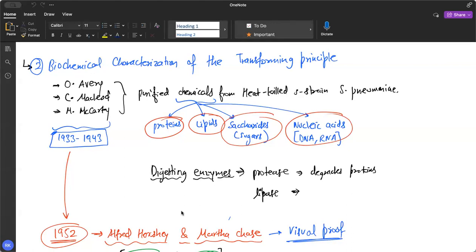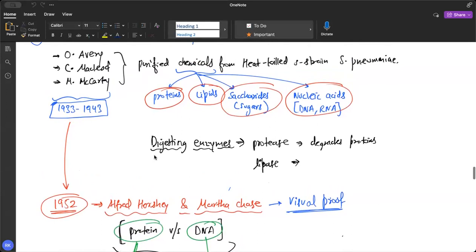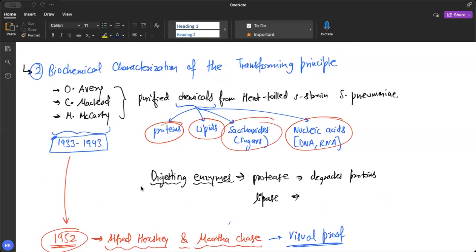It was not known which among these is the genetic material. So they isolated all of them, and with the help of digesting enzymes, they degraded them one after the other and looked at which was responsible for causing the transformation.